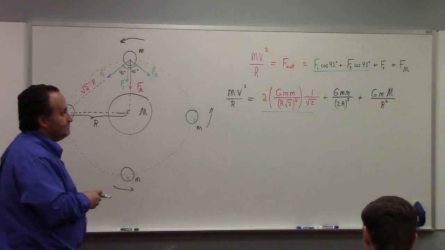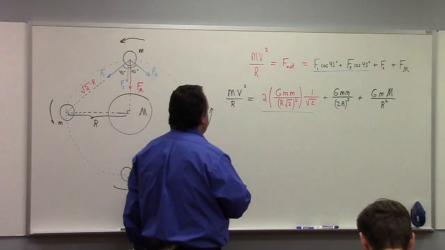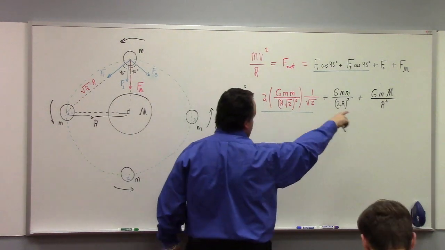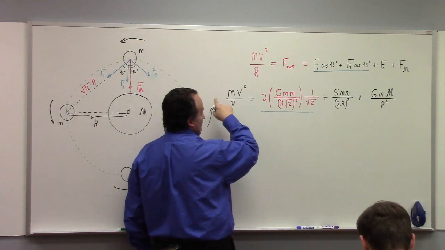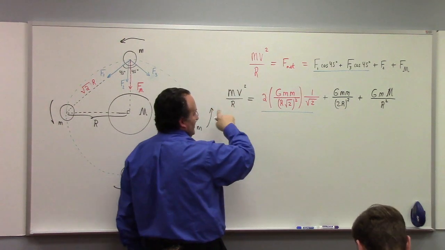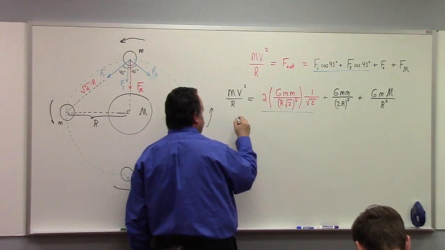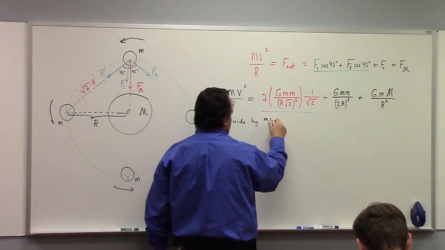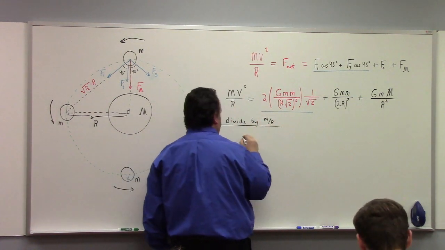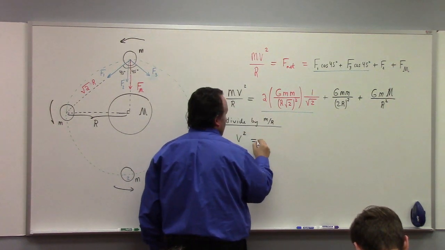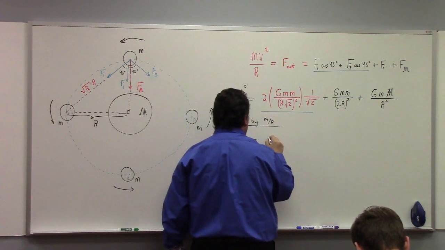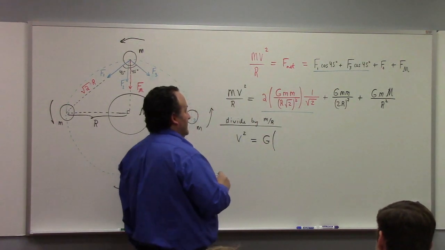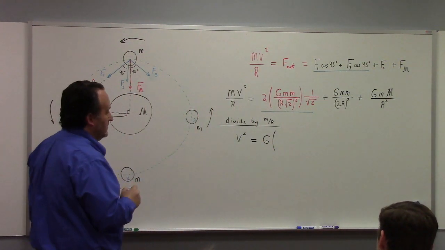So what do we got? We got a big G everywhere. We've got an r squared everywhere. And we've got an m everywhere, right? So my advice would be to divide by m over r, and that gives us v squared. I'm going to factor out that G, all right? And let's see here. The first term gives me what?